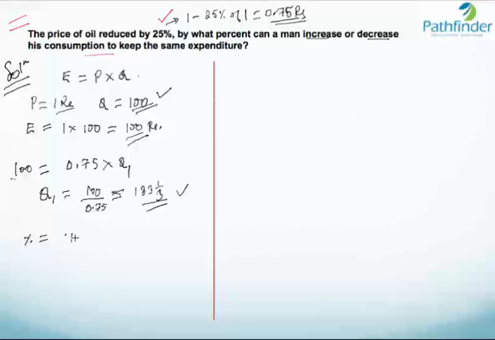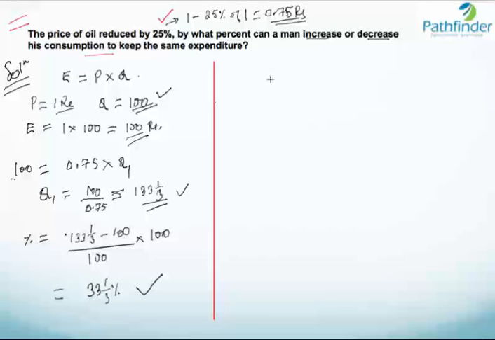That is 133 1/3 minus 100 in the numerator, and this divided by 100 in the denominator. So what is the percentage increase? The percentage increase is equal to 33 1/3%. So this is a basic method of solving the given question.